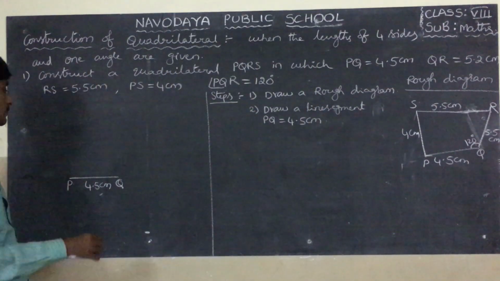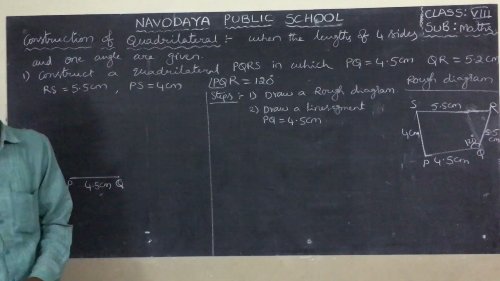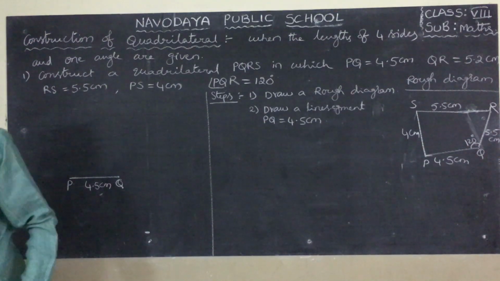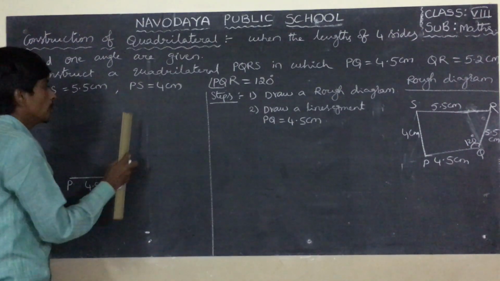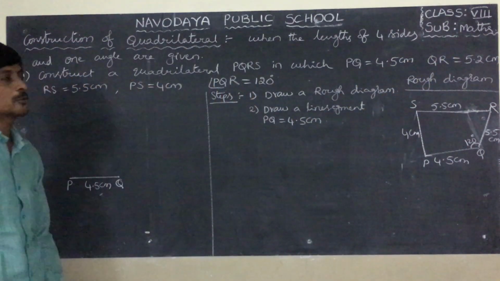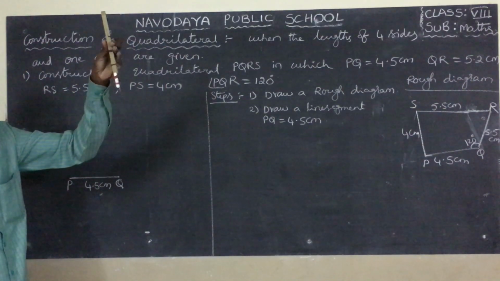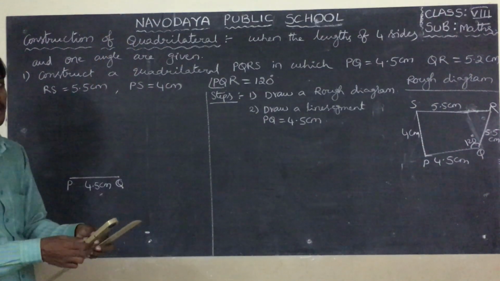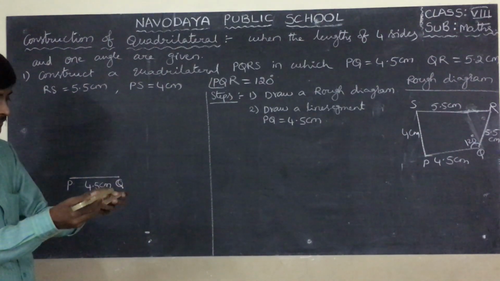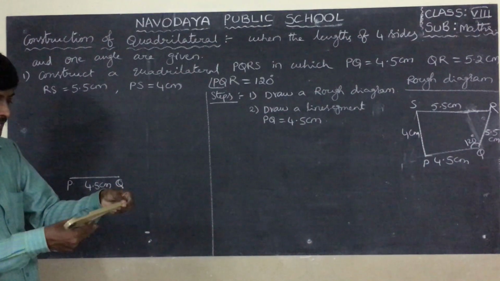After that, with Q as center, QR is equal to 5.2 centimeters. Draw an arc with the help of compass. So, take the scale 5.2 centimeters.